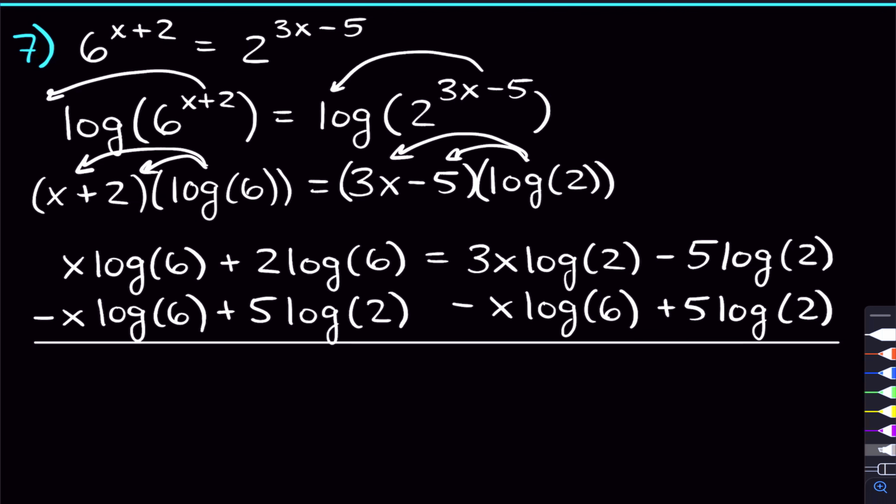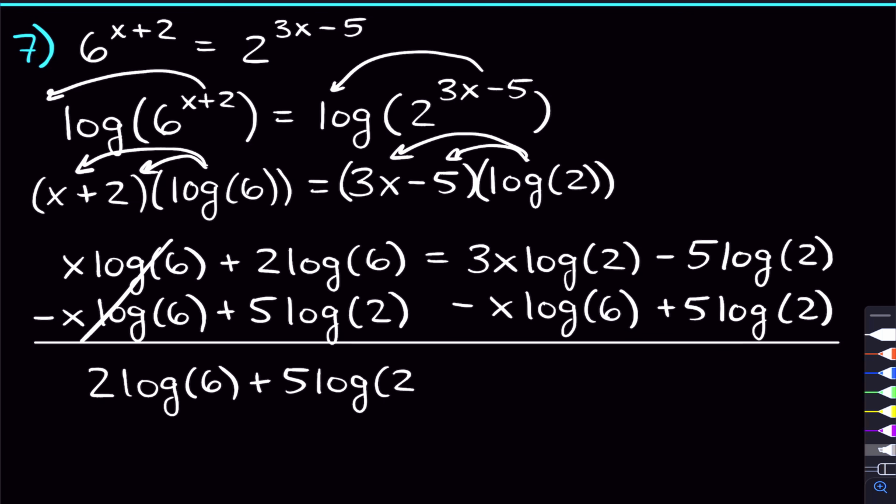And so going down the line here, the x log 6's cancel off, and then I have a 2 log 6 plus 5 log 2, and that is equal to a 3x log 2 minus x log 6.